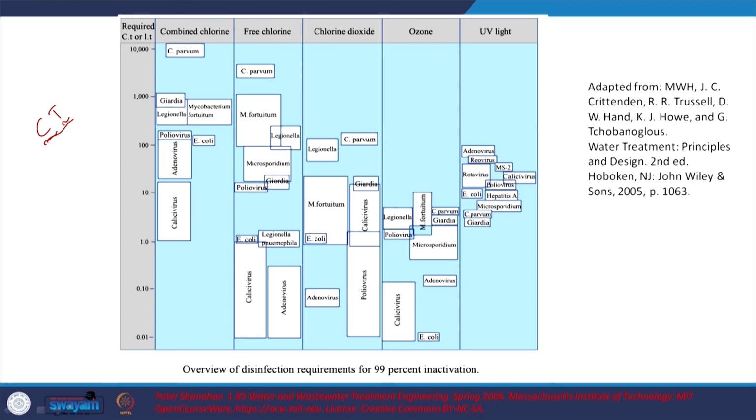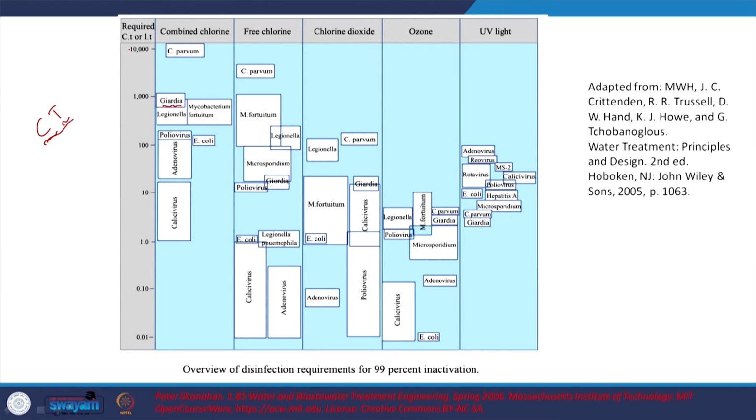So for combined chlorine, you see that with respect to a range of viruses, yes, it's doing fine. But with respect to, let's say, Giardia, right, and there is something else that should be missing out here, I'll come back to that. There are some kinds of pathogens that lead to diarrheal diseases, a major cause of deaths in India.